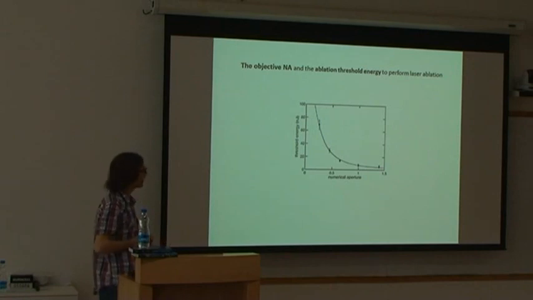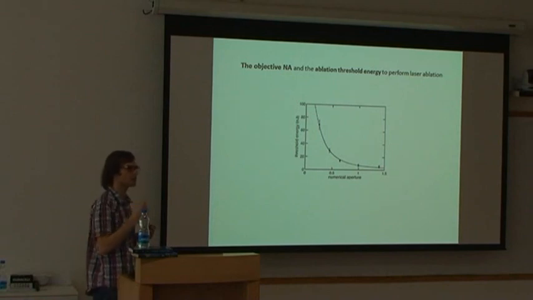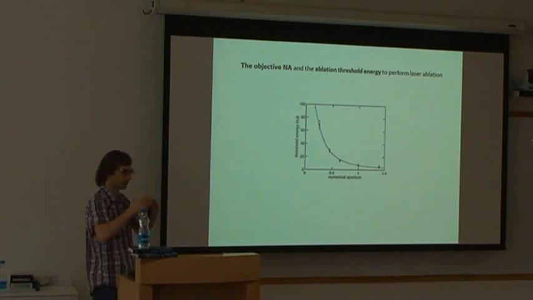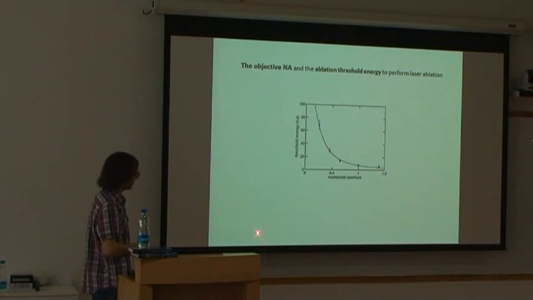Okay, then this is another very important graph, which is showing how the objective is important, and more specifically, one parameter of the objective, which is the numerical aperture. That means how much the objective can focus these photons on one point. Since it focuses these photons, the power density will go up.